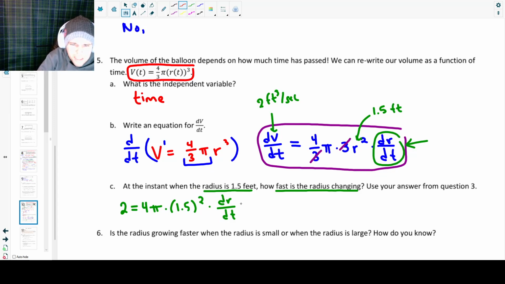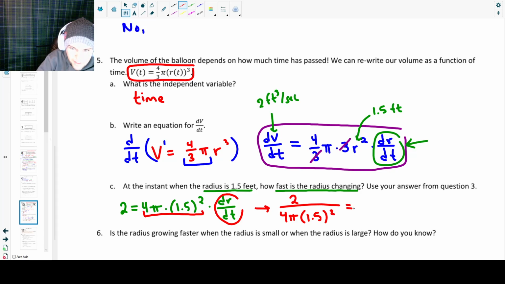So now to solve for dr/dt. Everything over here is multiplied by dr/dt, so I can just divide this entire right-hand side by this, and actually we'll just divide both sides. So it'll be 2 over 4 pi times 1.5 squared, and that's going to equal dr/dt.